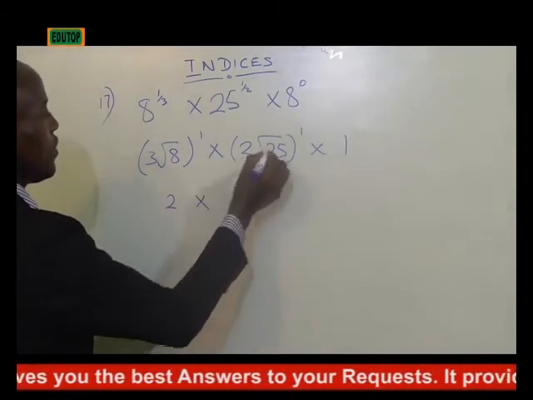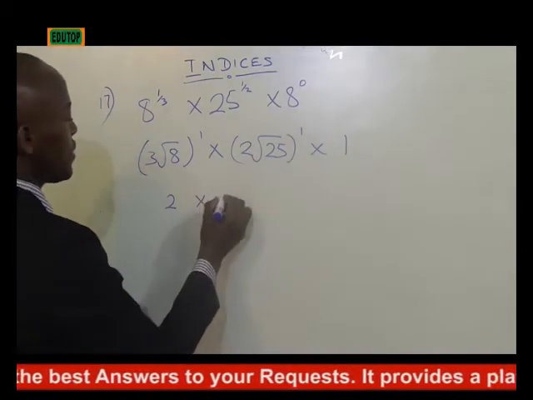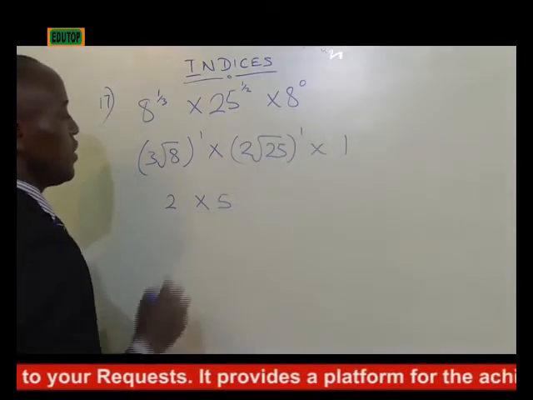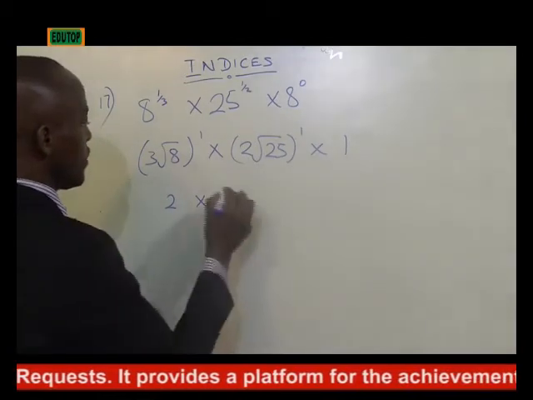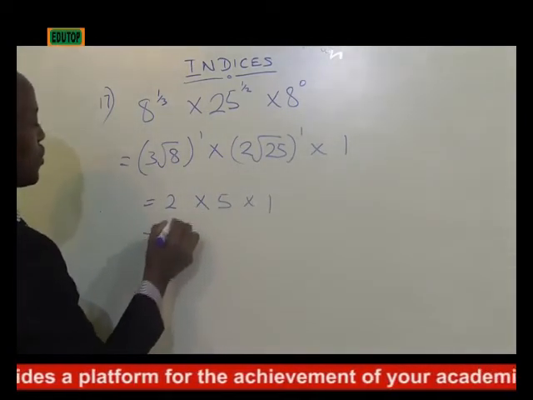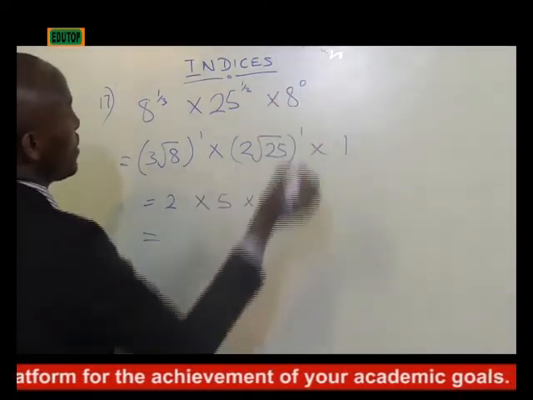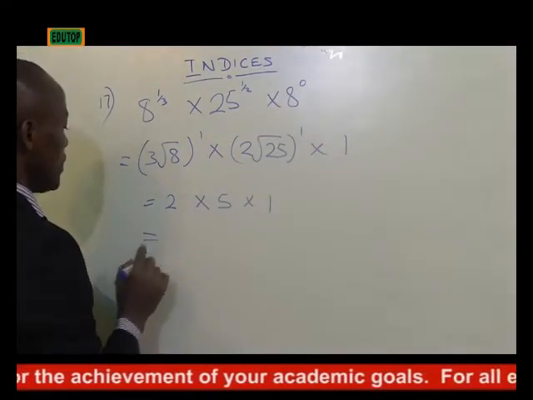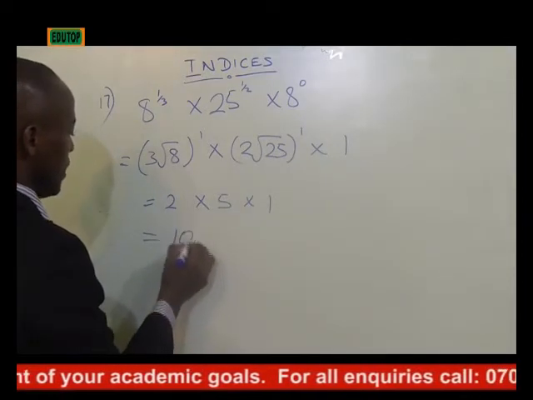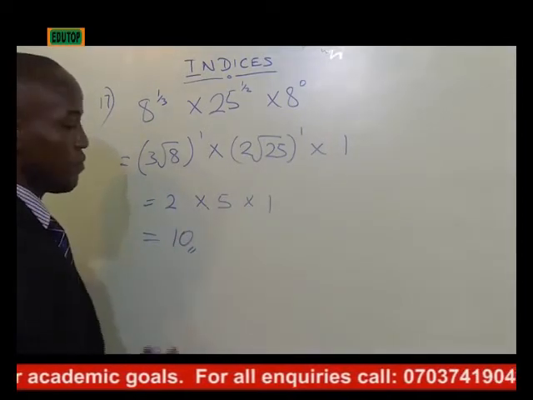Times 2 root 25 is 5. 5 times 5 is 25 times 1. So this will be equal to 8 raised to the power 0 is 1 from law 3. 2 times 5 times 1 is 10, which is our final answer.